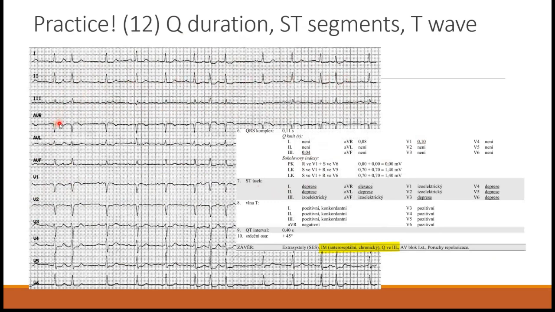And AVR is an elevation very slightly, but it looks like it's pathological. And then you have depression in AVL, and then V3 all the way to V6 is very obviously depressions.